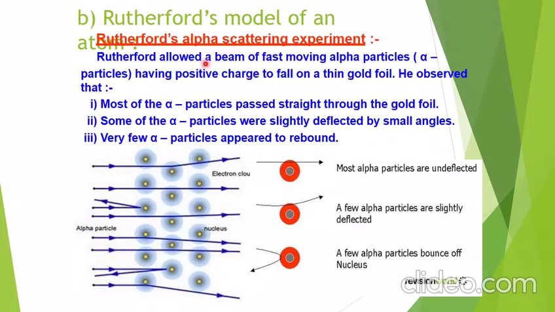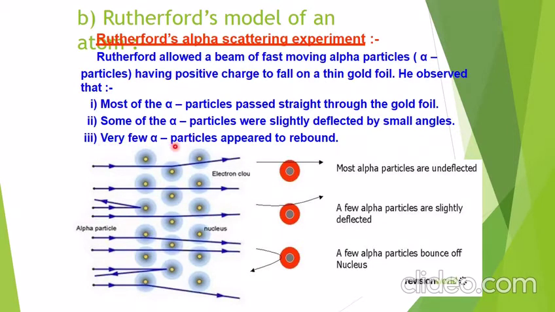Rutherford allowed a beam of fast moving alpha particles having positive charge to fall on the thin gold foil, and he observed that most of the alpha particles pass straight through the gold foil. As you can see, most of the particles are passing straight. Some of the alpha particles were slightly deflected by small angles. These are the deflections due to small angles.